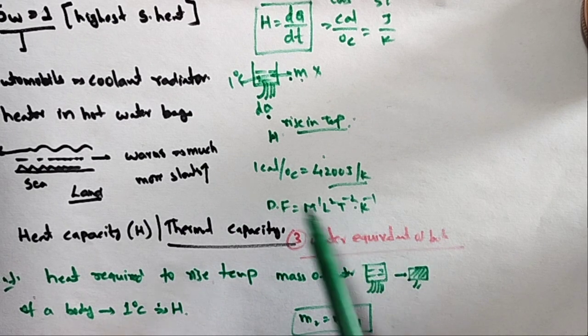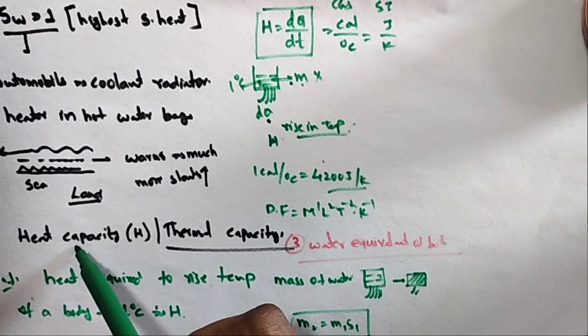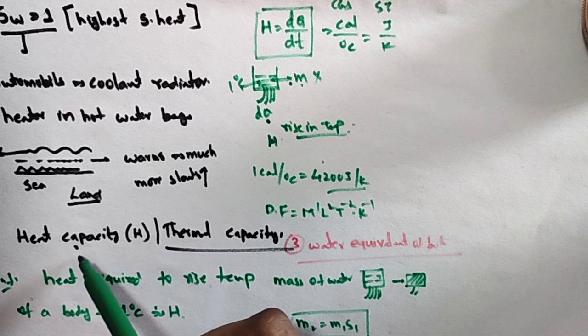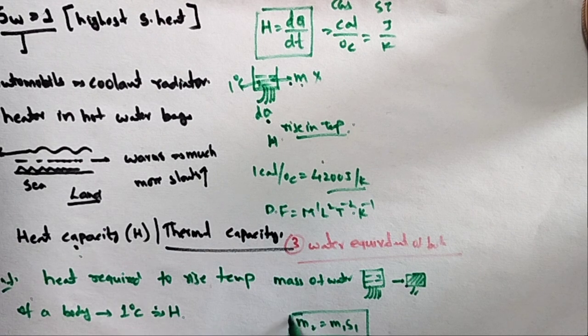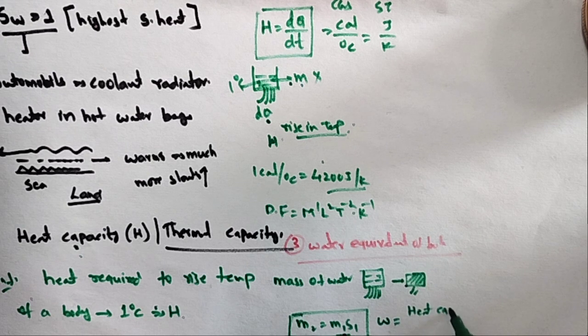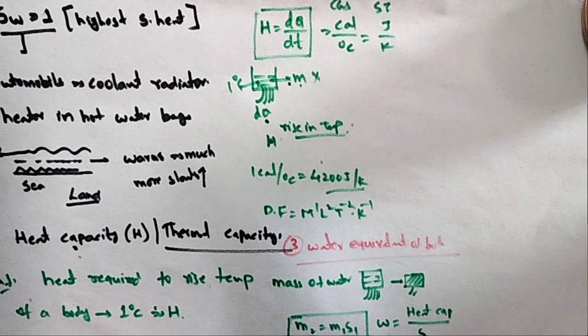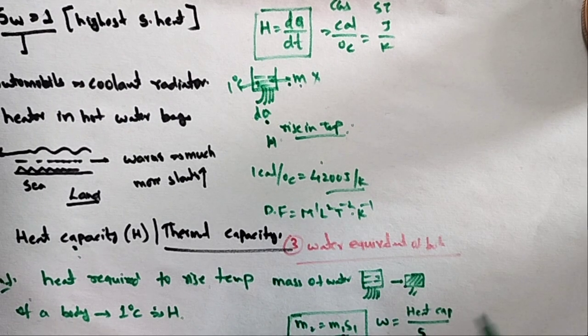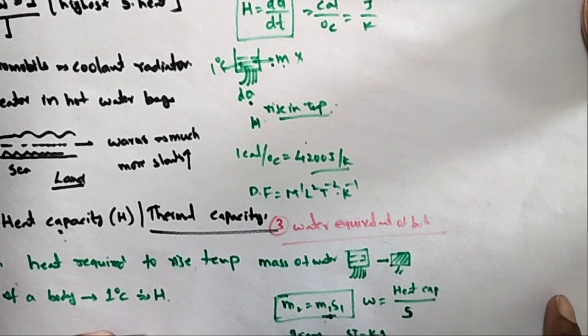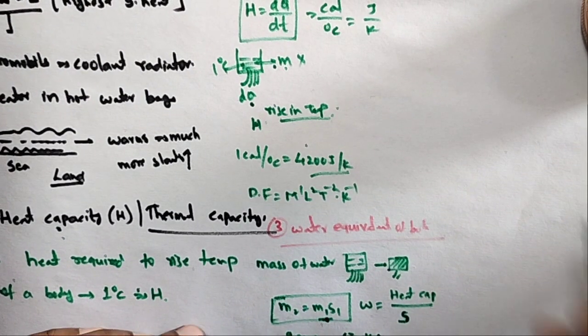Therefore the heat capacity in calorie per degree Celsius is numerically equal to the water equivalent. So the water equivalent W is equal to the heat capacity of the body divided by the specific heat of water.